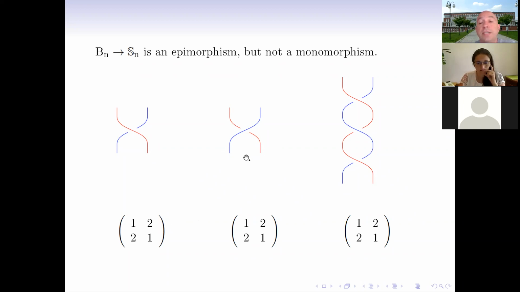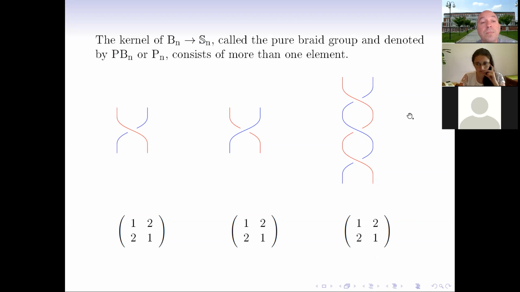But they are different. And instead of sigma 1 and sigma 1 inverse, we can take a more complicated one, right? And this will still cover 1, 2 to 2, 1. So there can be infinitely many possibilities to cover the same element, in this case in S2.